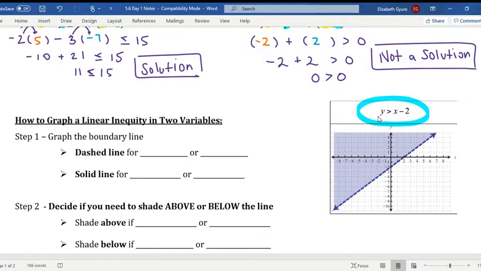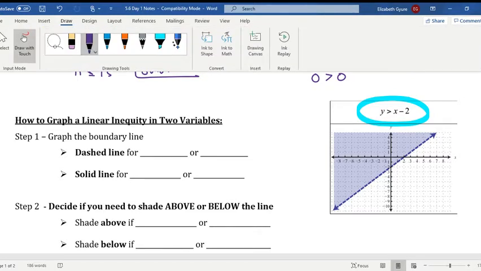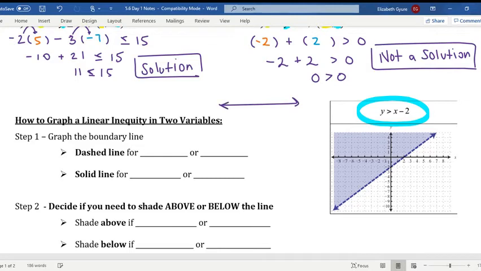Do you guys remember when we graphed our regular old inequalities and we would have to graph a little number line and you would have your open circle, shade to the left, or maybe you'd have a closed circle, shade to the left, open circle, shade to the right, things like that? No? Uh-oh. You do or you don't, Annalise? Okay.